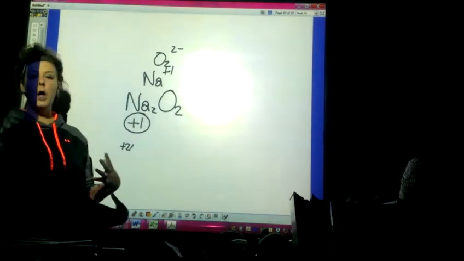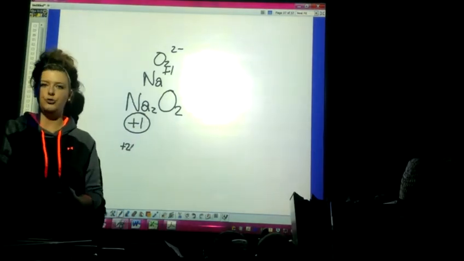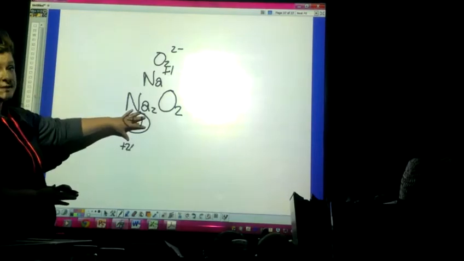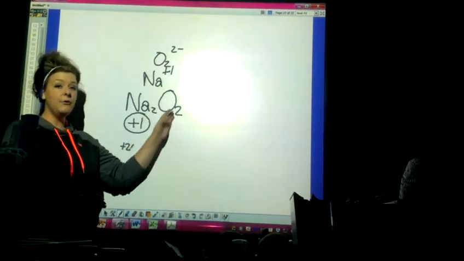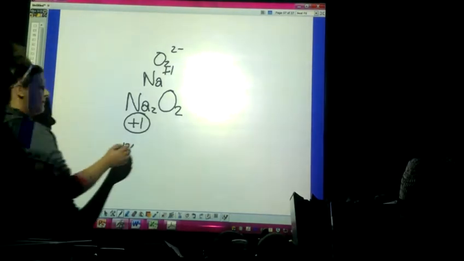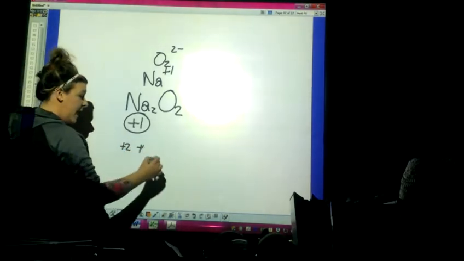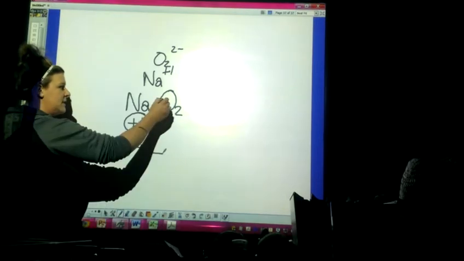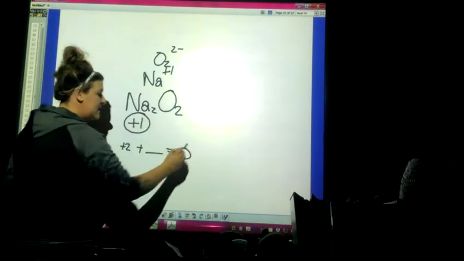Now, all compounds have to be electrically neutral, meaning that the oxidation state of this one has to counterbalance the oxidation state of this one. And that has to mean then that this +2 plus the oxidation state of this oxygen has to equal 0.